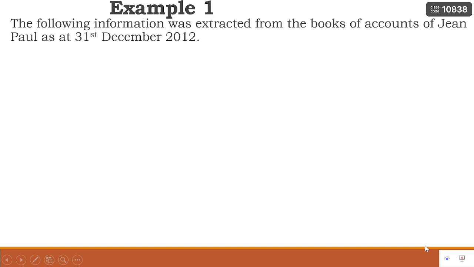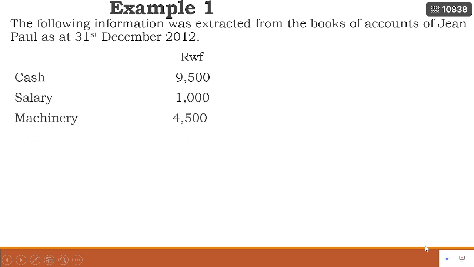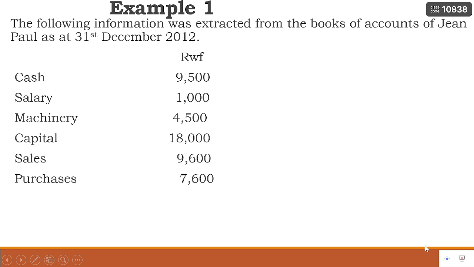We have an example here. The following information was extracted from the books of accounts of Jean Paul as at 31st December 2012. The cash was 9,500, salary 1,000, machinery 4,500, capital 18,000, sales 9,600, purchases 7,600, stationery 3,000, rent and rates 2,000.